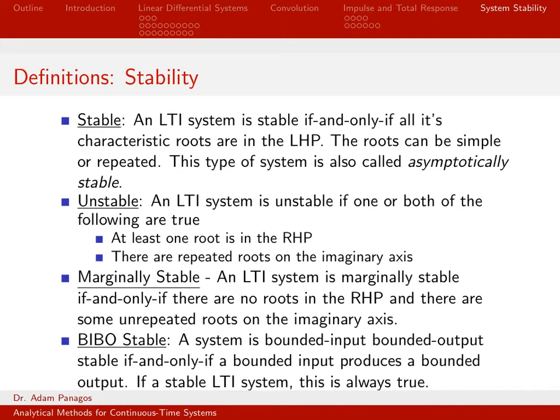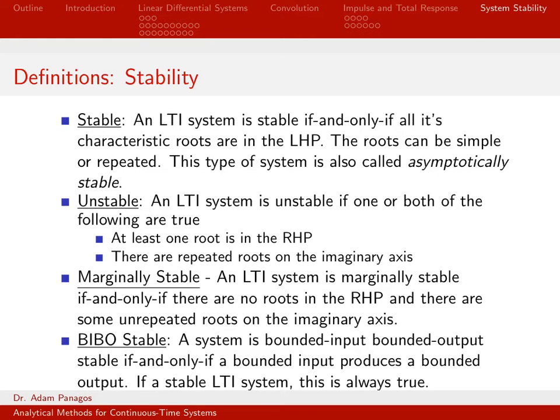Being on the imaginary axis typically corresponds to some type of oscillatory behavior, but a repeated root we know throws an additional t term, and that would correspond to some type of oscillation that's also growing in amplitude as a function of time.